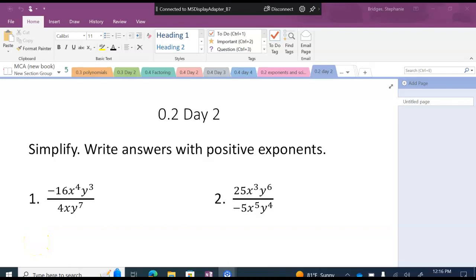All right, so this is still 0.2. It is day 2. The directions are telling us to simplify and to leave all answers with positive exponents. Okay, so we are going to apply all of those rules that we talked about yesterday.